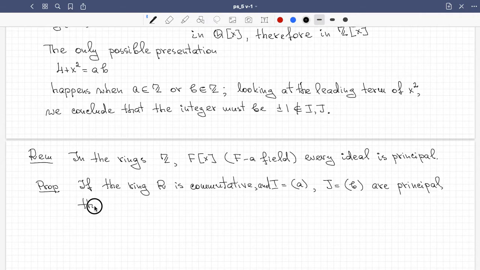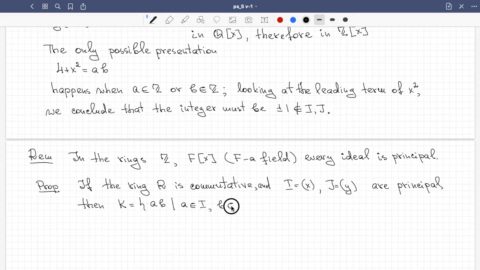then our K, which is AB, or let me rewrite it, the principal ideals, let us put them as I to be X and J to be Y. Some X and Y, some elements of the ring, and our K, which is AB for all A in I, all B in J, is an ideal.